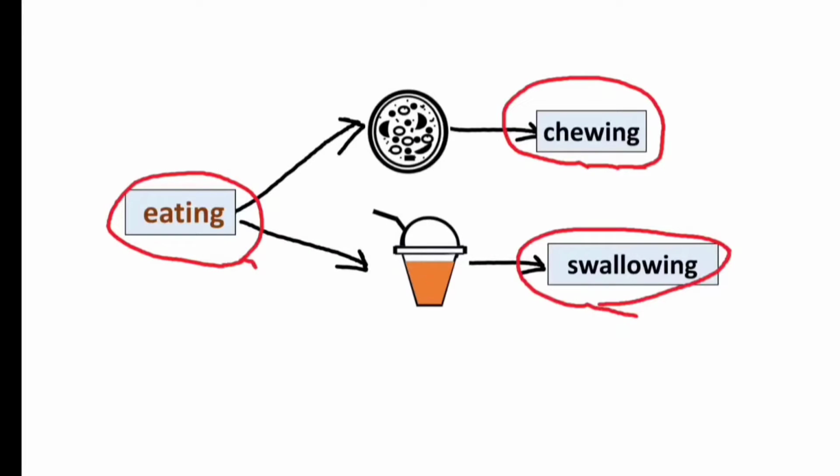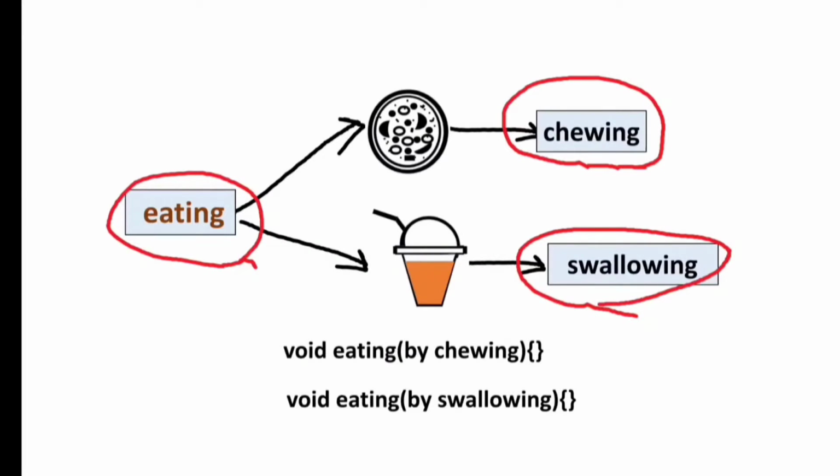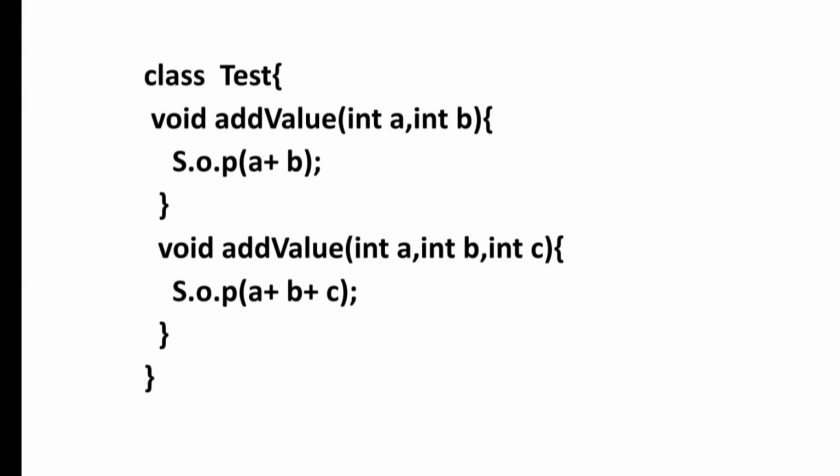So here the action is the same, but the ways are different, and it's nothing but polymorphism. Similarly, in Java, sometimes an object has to perform the same action in different ways. Let's take the example of method overloading, because method overloading is the best example of polymorphism.